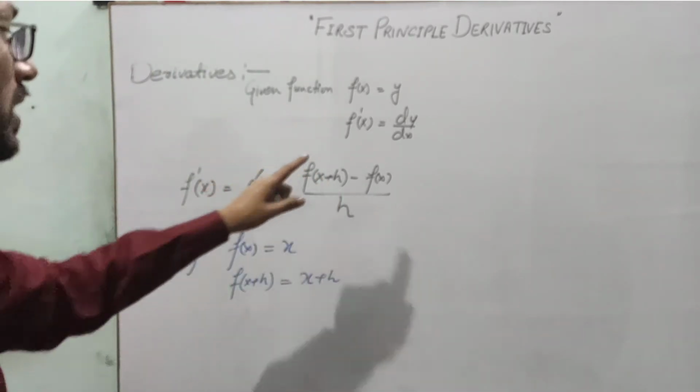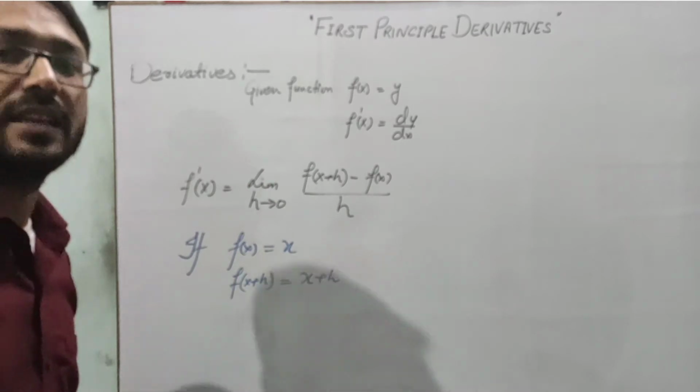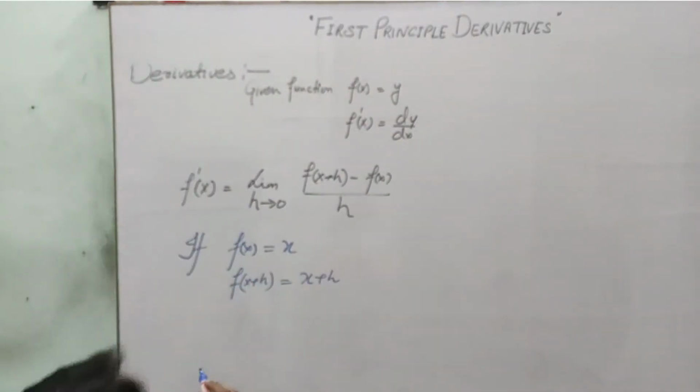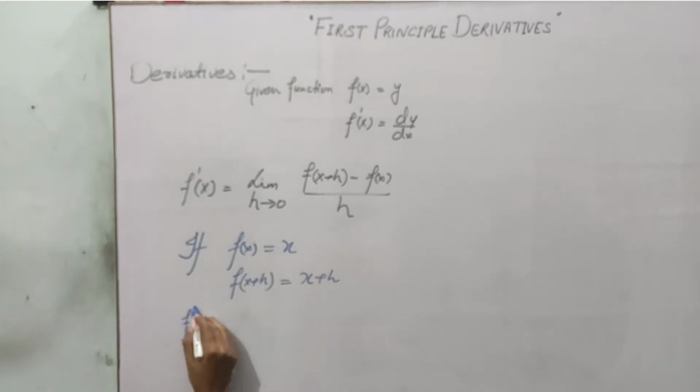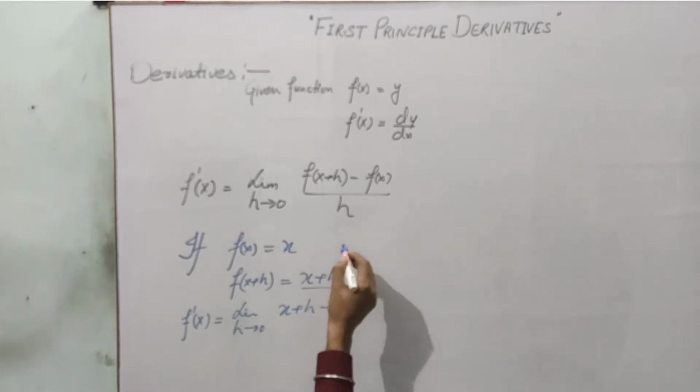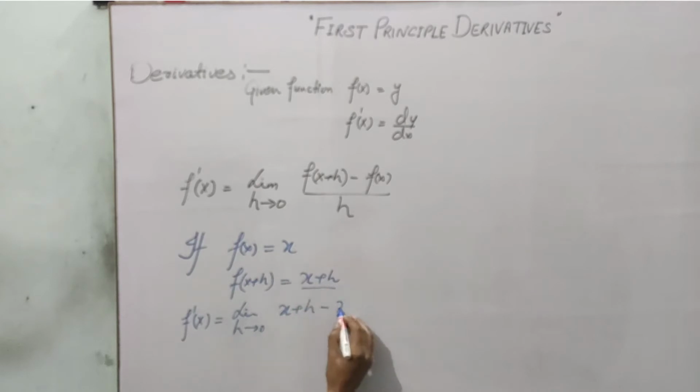Now we'll put these values into the formula to get the derivative of this function. So this will be the first principle derivative. f'(x) is the limit of h tends to 0 of f(x + h), that is x + h, minus f(x), that is x, whole upon h.